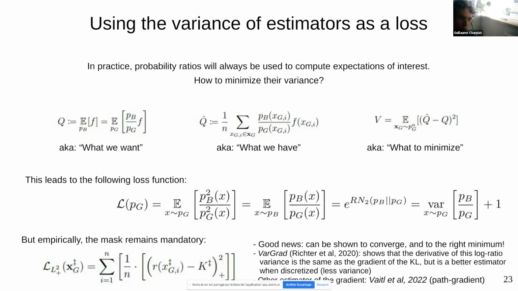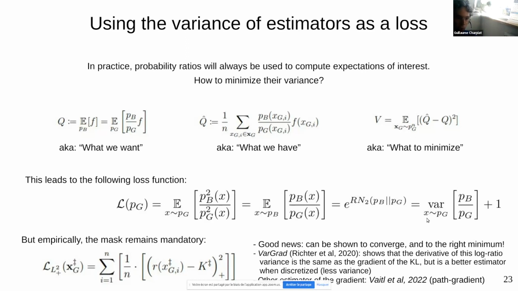It's also the expectation over PB of PB over PG, and that looks a bit like Kullback-Leibler, except that the log is missing. And this is actually the exponential of some Renyi divergence, the one of order 2, between PB and PG. And also this is a variance over PG of just this ratio here. So we see that there's quite many different ways to write this quantity that indicate that it might be a good one, like it's a divergence at least, and something very easy to compute.